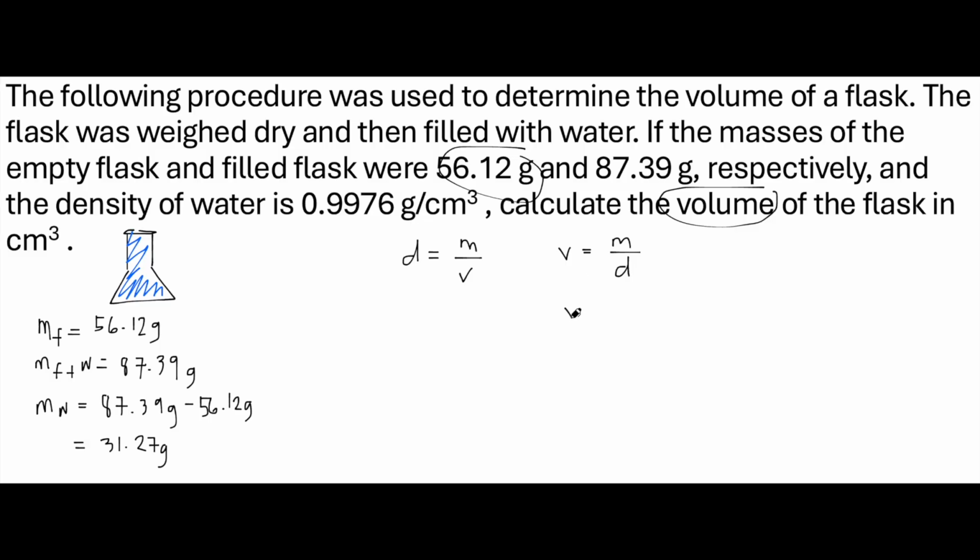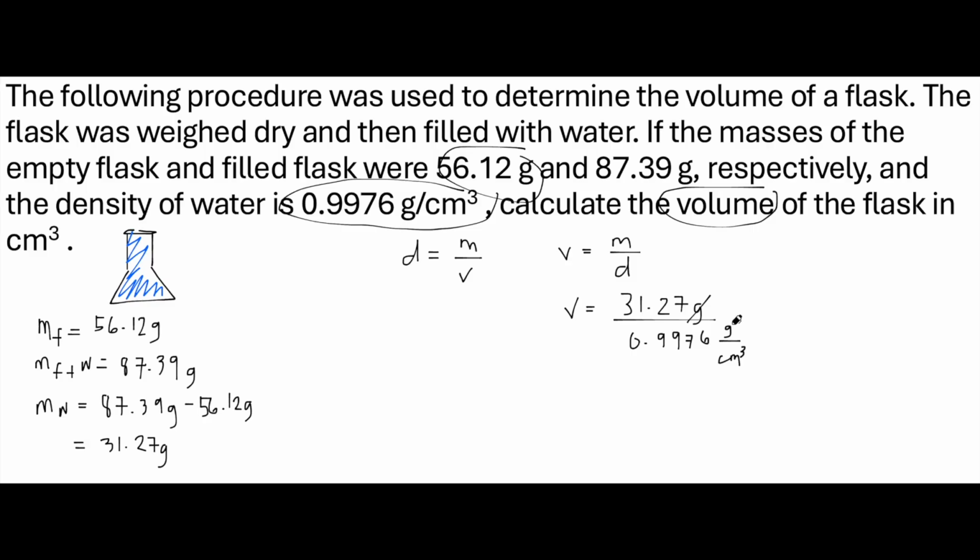So the volume is equal to the mass of water, 31.27 grams, divided by the density of water, which is also given, 0.9976 grams per cubic centimeter.